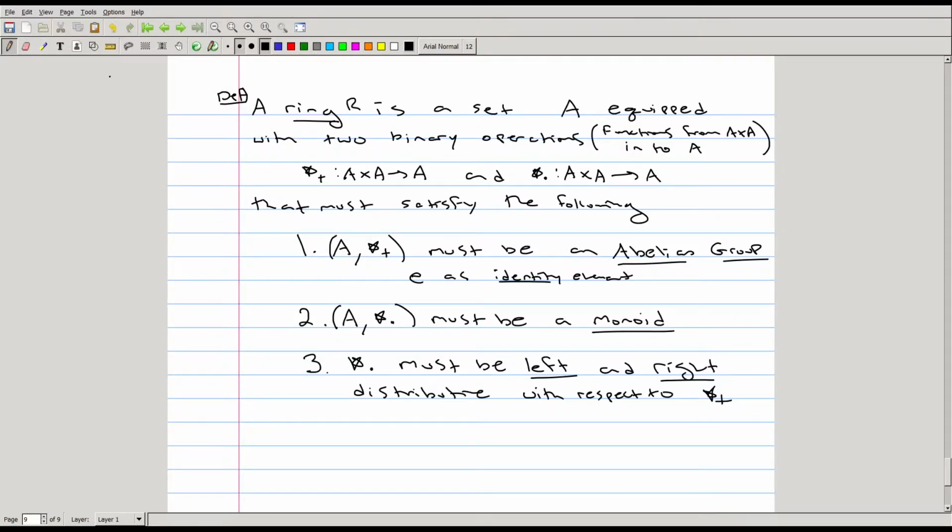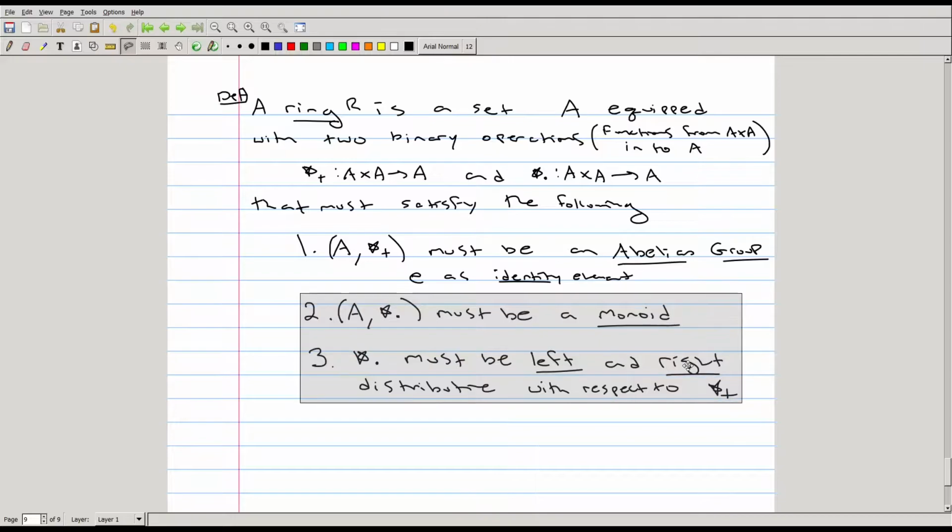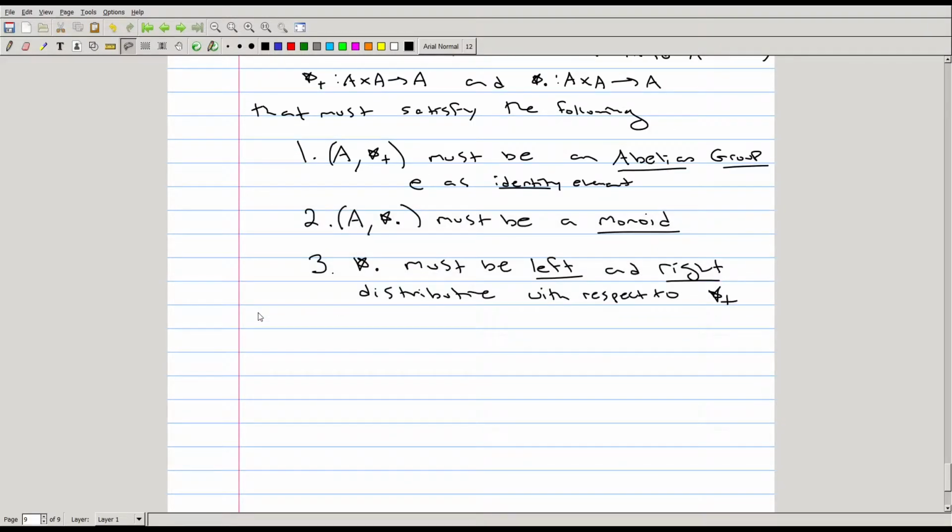And we've already talked about what 1 and 2 mean because we've defined both abelian group and monoid, but I'll write down what this means.